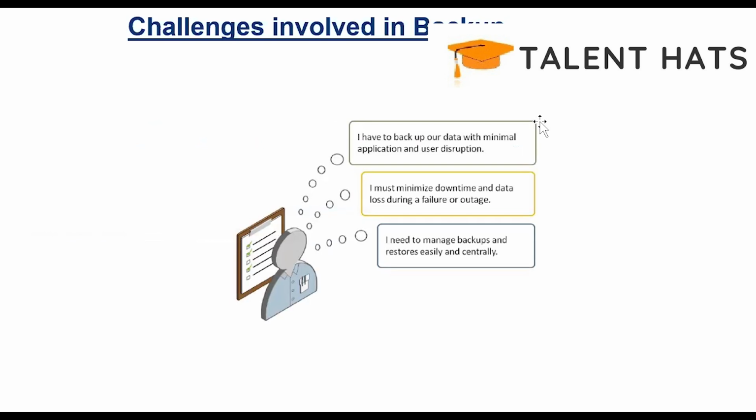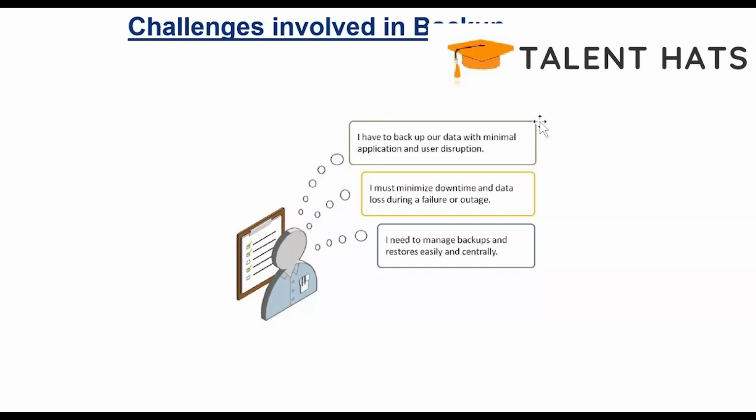Suppose I'm working on an Excel sheet and the backup window has started. Then the backup will not trigger because it says the file is already in use. Have you gone through this error? The file is already in use, it cannot be backed up, because the user is modifying the data, so the snapshot cannot be taken.